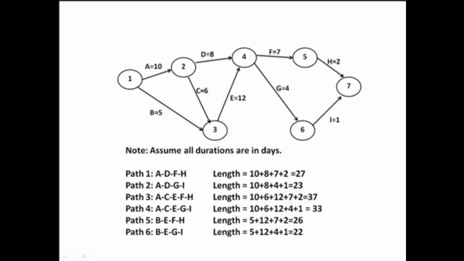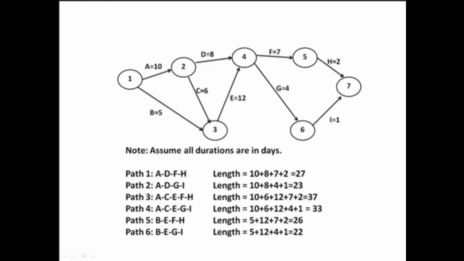So the critical path shows the shortest time in which a project can be completed, which is the longest path. If one or more of the activities on the critical path takes longer than planned, the whole project will slip unless the project manager takes corrective action.